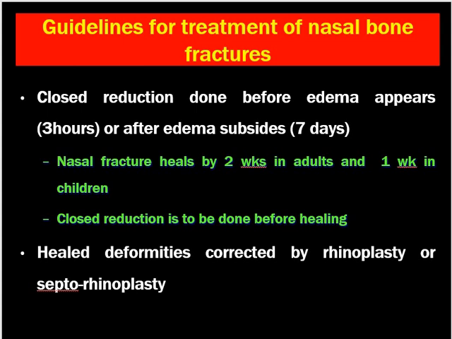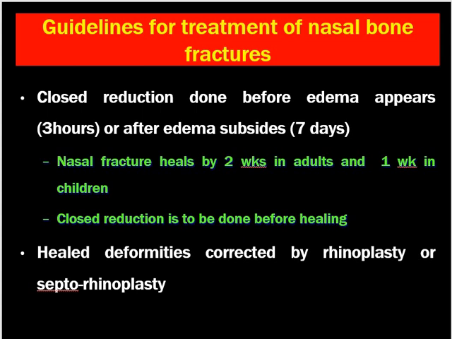As I discussed in the previous slide, edema of the nose or face is a contraindication for closed reduction of the nasal bone, because by looking at the edematous face we don't know the exact previous state of the nose, whether it was extremely deviated, simply deviated, or normal. The nasal fracture heals by 2 weeks in adults and 1 week in children.